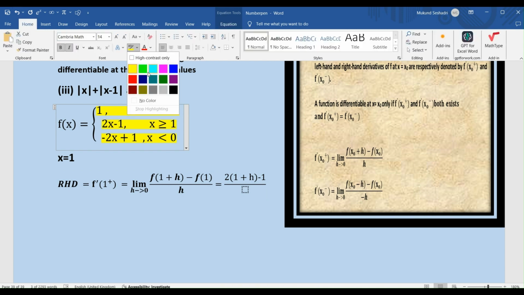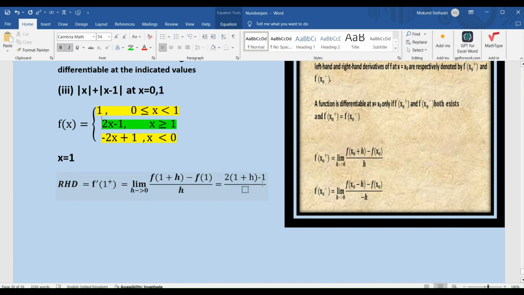Let me change the color. So 2x minus 1, which is highlighted in green. And what is my 2x minus 1 for x equals 1? It is 2 minus 1, right? Which is 1. So I can still call it as 1. And I'm left with a h in the denominator. So I can further write this as, let me copy this and move to the next line, right?